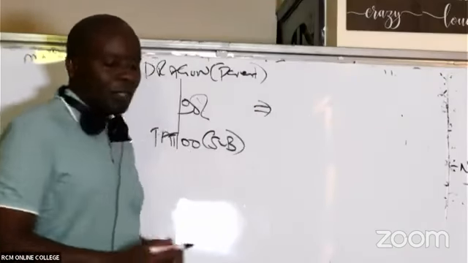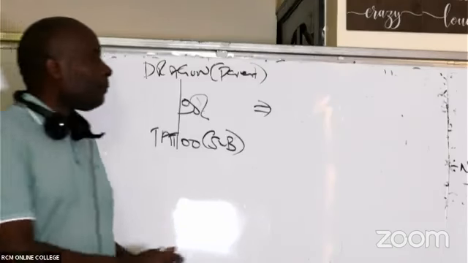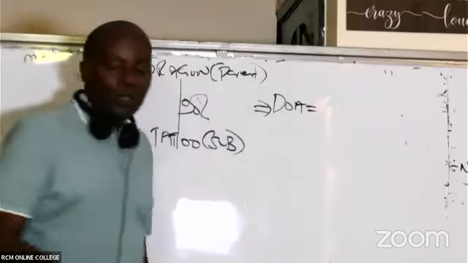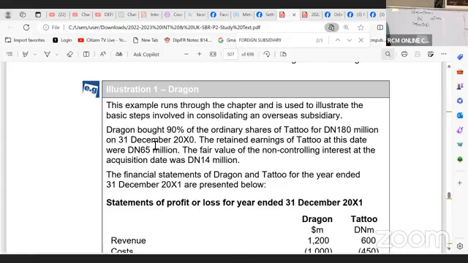Now, please listen, ladies and gentlemen. The date of acquisition is very important. The date of acquisition, we are told in the question, is 31st December X0. Then we have the date of the given financial statements.